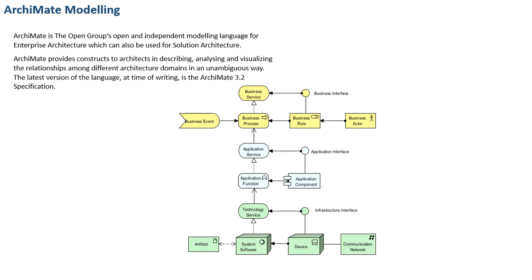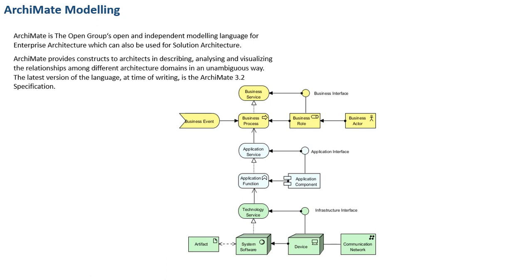Right, so now we're going to get into more specific modeling notation types. Archimate is a well-known notation type used within enterprise architecture through TOGAF. You don't have to use TOGAF to use Archimate, but quite often they go hand in hand. It is widely used in enterprise architecture, but also solution architecture as well.